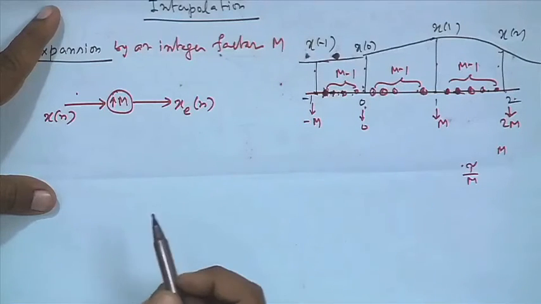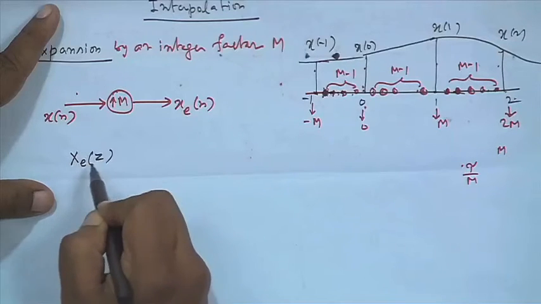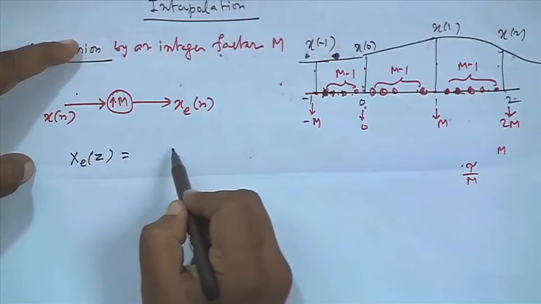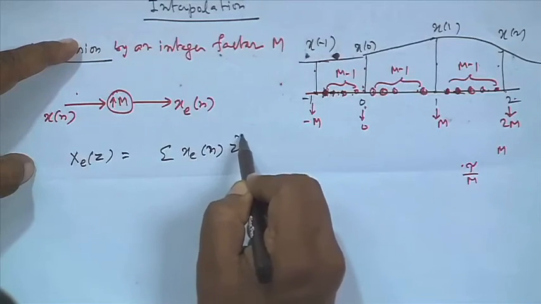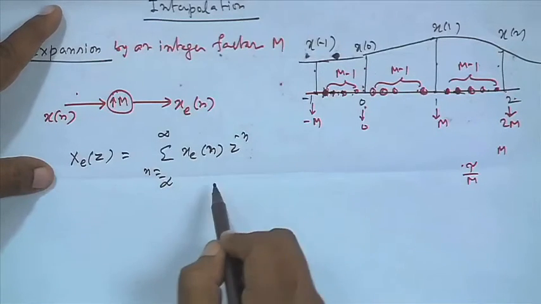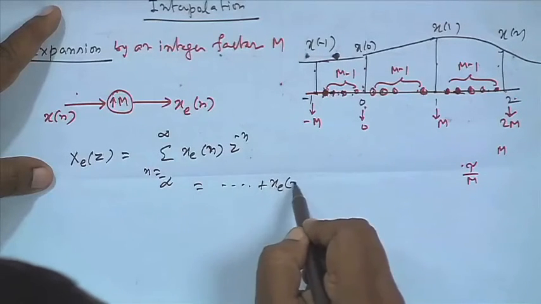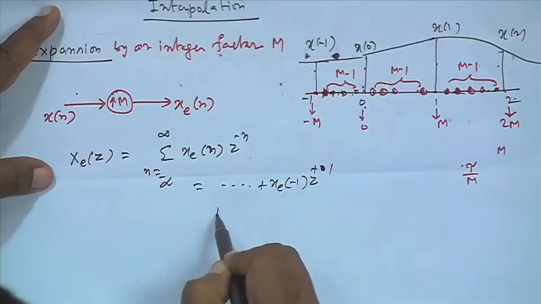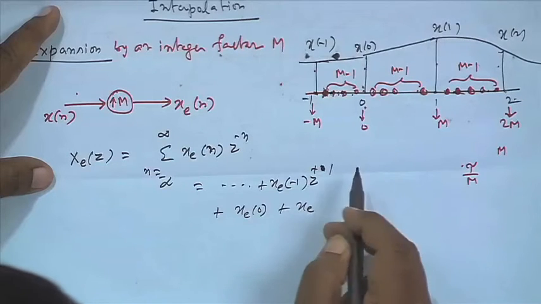For this expanded sequence, what is X e z? If I find X e z, you can find the DTFT also. What is X e z? By the Z transform formula, the sum of x e n z to the power minus n, assuming some ROC and all that.